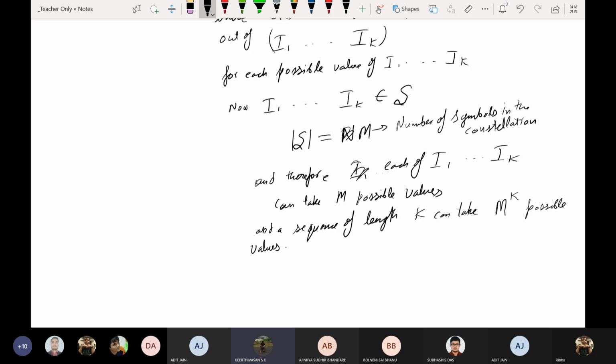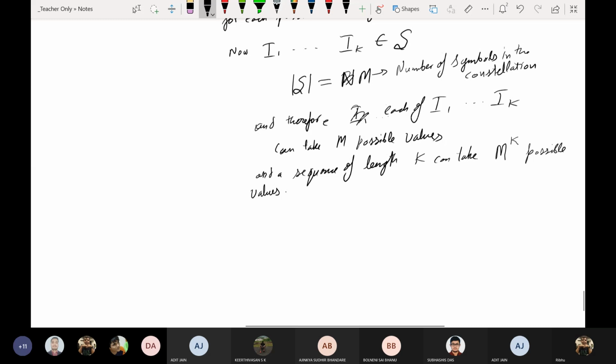So now there is one ST for each symbol sequence. Right? For each symbol sequence, there will be one ST generated.